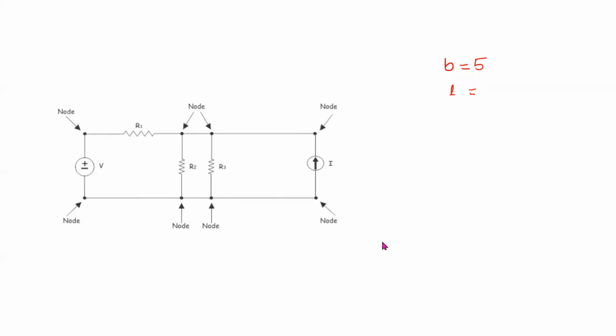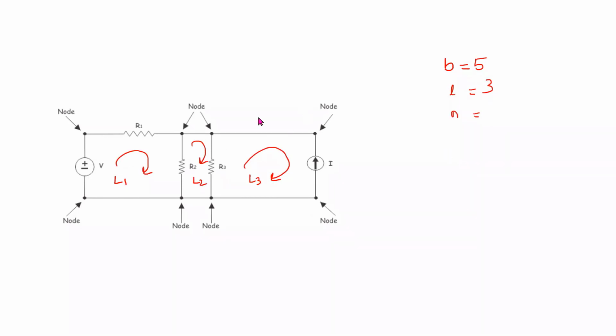We want the number of loops in this circuit. Answer is 3. Number of loops equals 3. Here, the first closed path, second closed path, third closed path: L1, L2, L3.